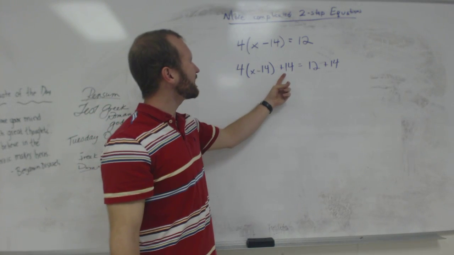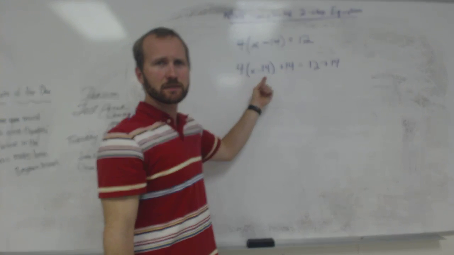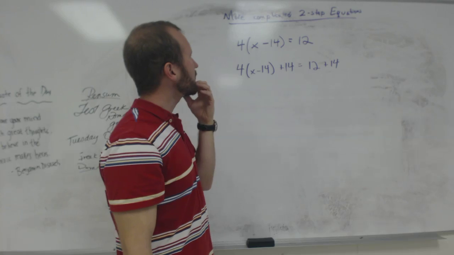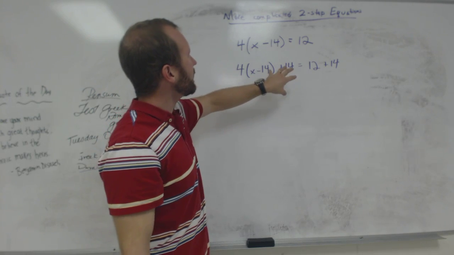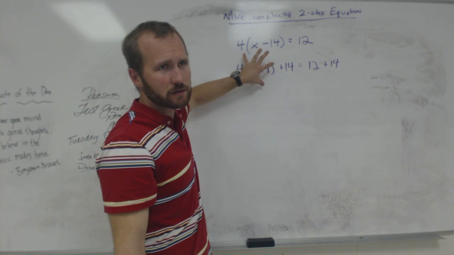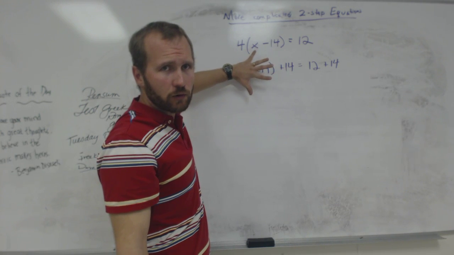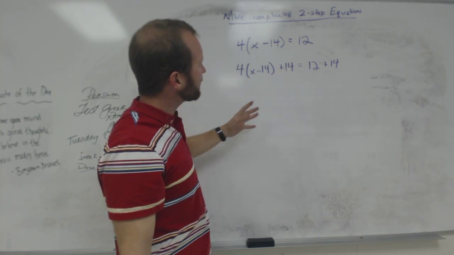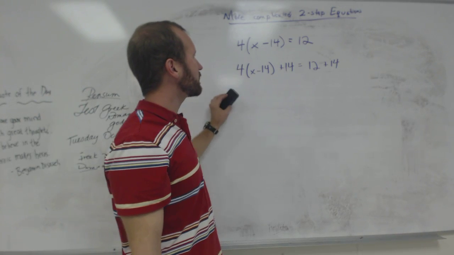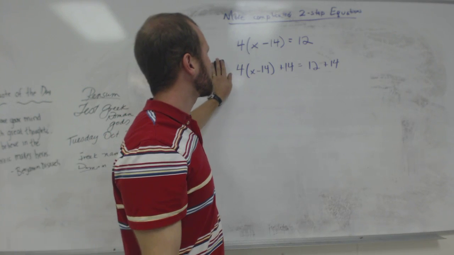Can I somehow get this inside of these parentheses? Not really, right? I'm adding it to this side of the equation. I can't add it just inside the parentheses. I have to add it to the whole thing. So this will not be the best strategy for this particular equation.